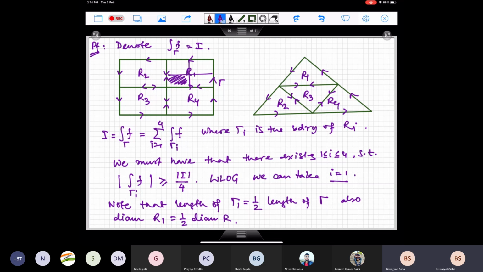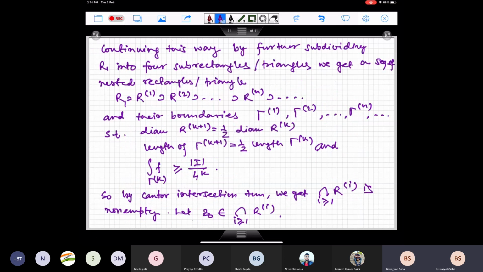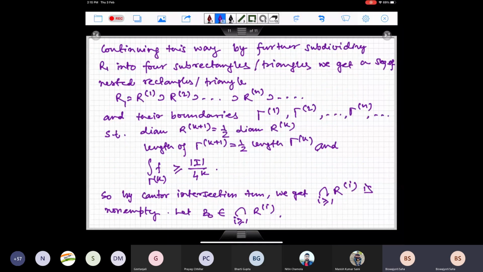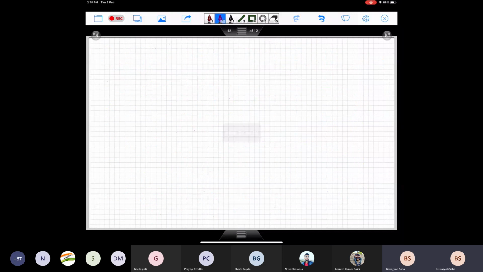Whatever might be the case, I have this z naught, and this z naught belongs to the ball, right? I had started with a ball, so it belongs to this closed ball, and therefore what I can say is that my function f is holomorphic at z naught.